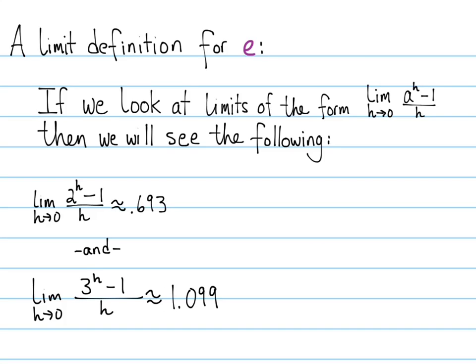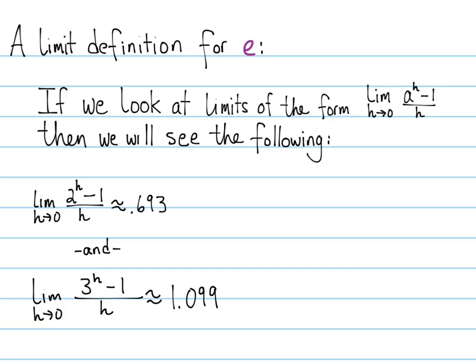And if you try to calculate by plugging in values, you'll see that the limit as h goes to 0 of (2^h - 1)/h and the limit as h goes to 0 of (3^h - 1)/h go to 0.693 and 1.099 respectively.